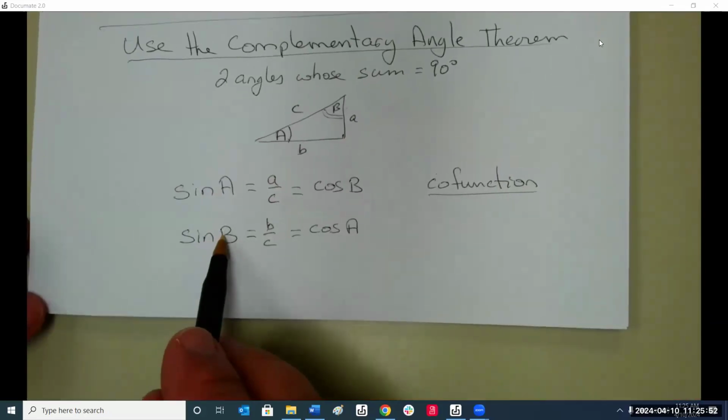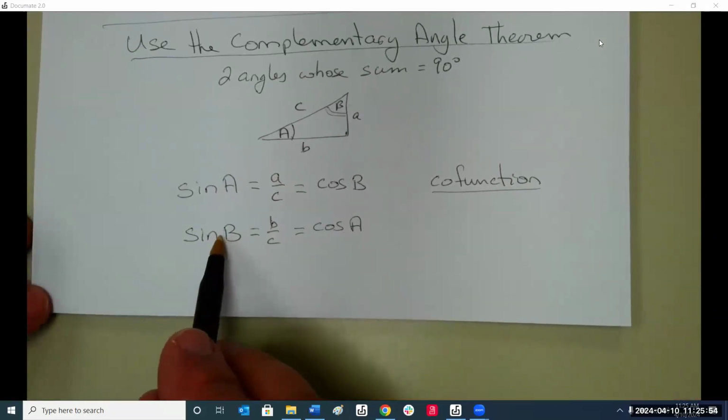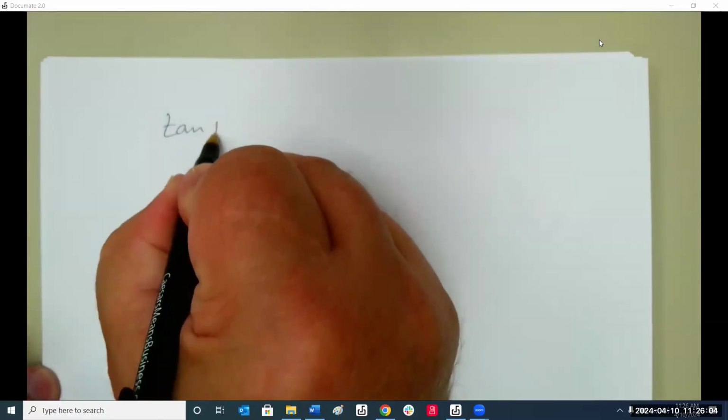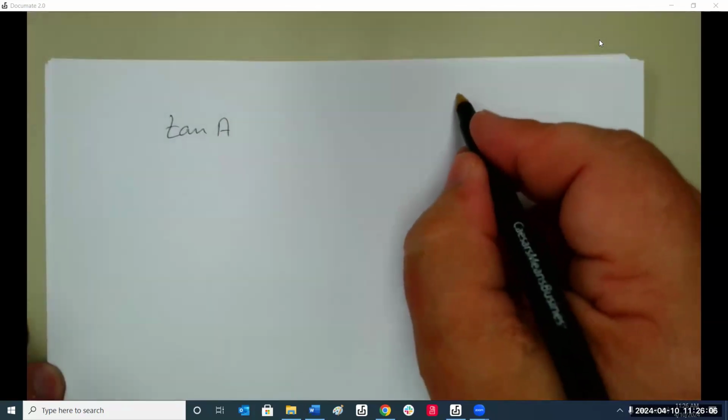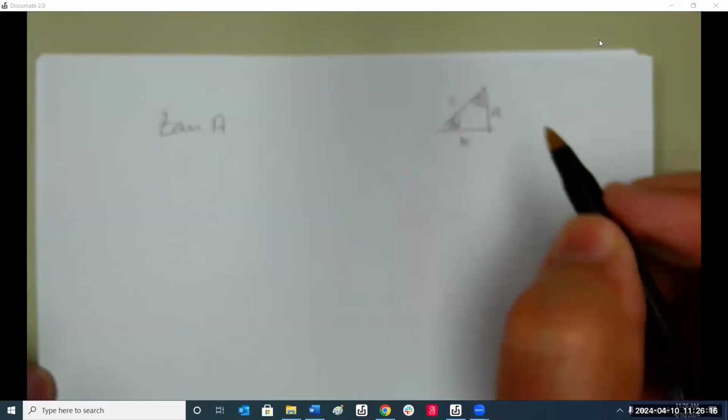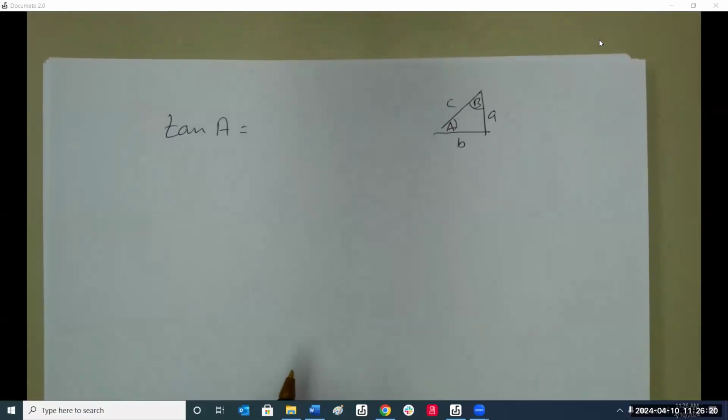Does it work for all of them? We did sine and cosine. How about tangent? Tangent of A is what?